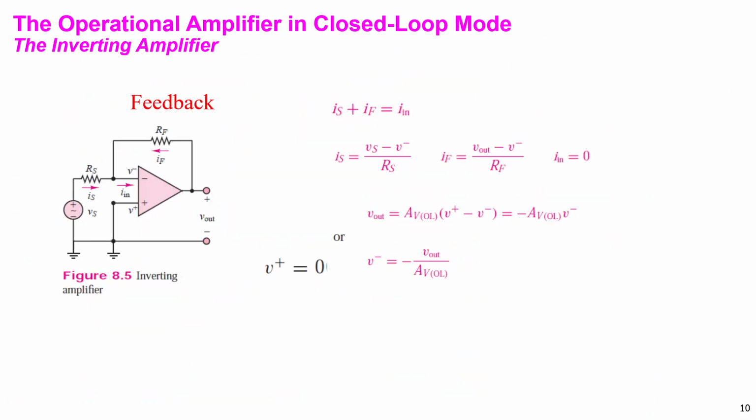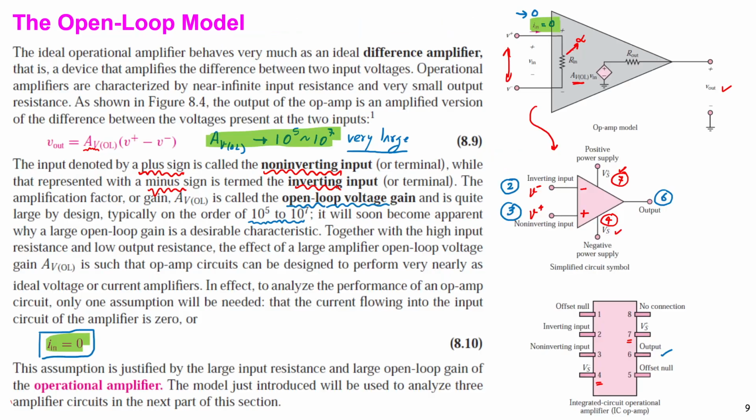Then if we connect the op amp to some circuit, as I said, we don't need this too large signal. So how do we control the relation between V_out and V_in, so that V_out is some gain times V_in? Not the open loop gain A_VOL, because this gain is too large.